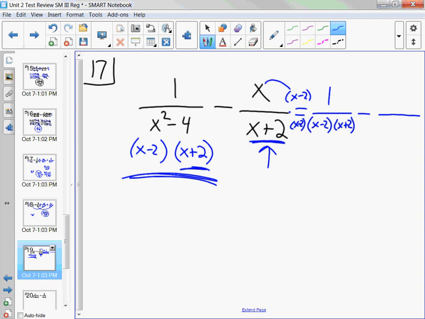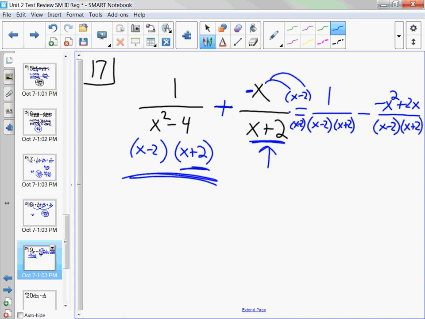So I got to distribute this x through. Now, this is also a negative x, so I'm going to change this to a plus sign, but I have to change that to a negative. I'm going to have to distribute a negative x. So negative x times x is negative x squared. Negative x times negative 2 is a positive 2x all over x minus 2, x plus 2.